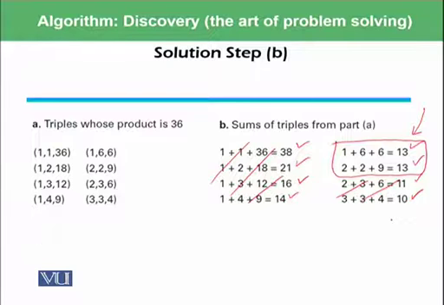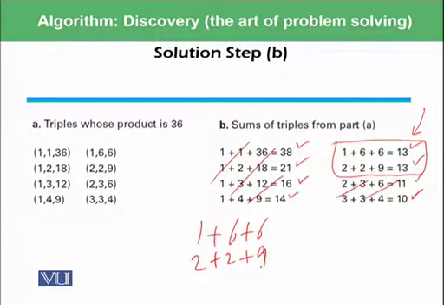But when that person said that they still cannot guess, this means that there are 2 or more triples with exactly the same sum. The exactly same values are 13, the 2 triples. So we have listed them down: 1 plus 6 plus 6 and 2 plus 2 plus 9. So these 2 could be the required answers.